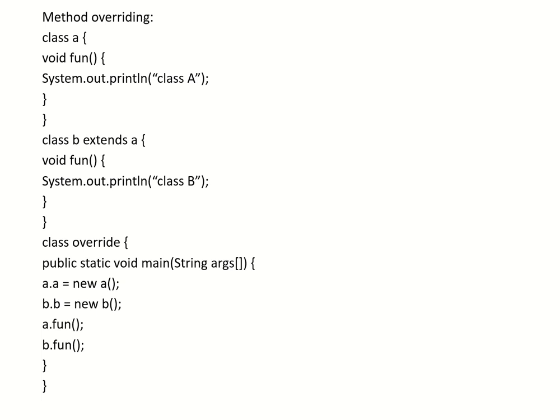We use the void function in class B. We create the objects, a equal to new A and b equal to new B. Then we call a dot function and b dot function, and we get the value from class A and class B.